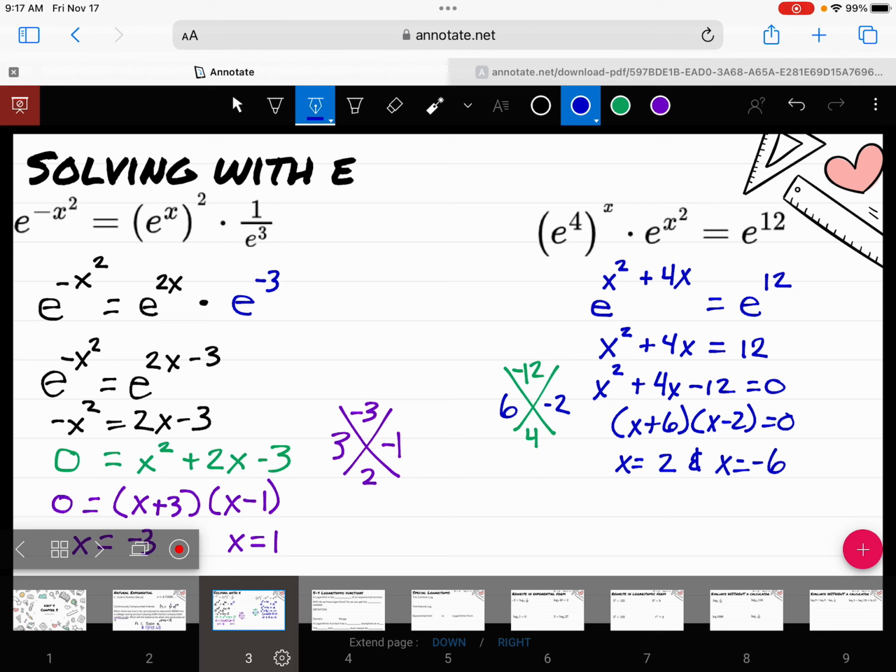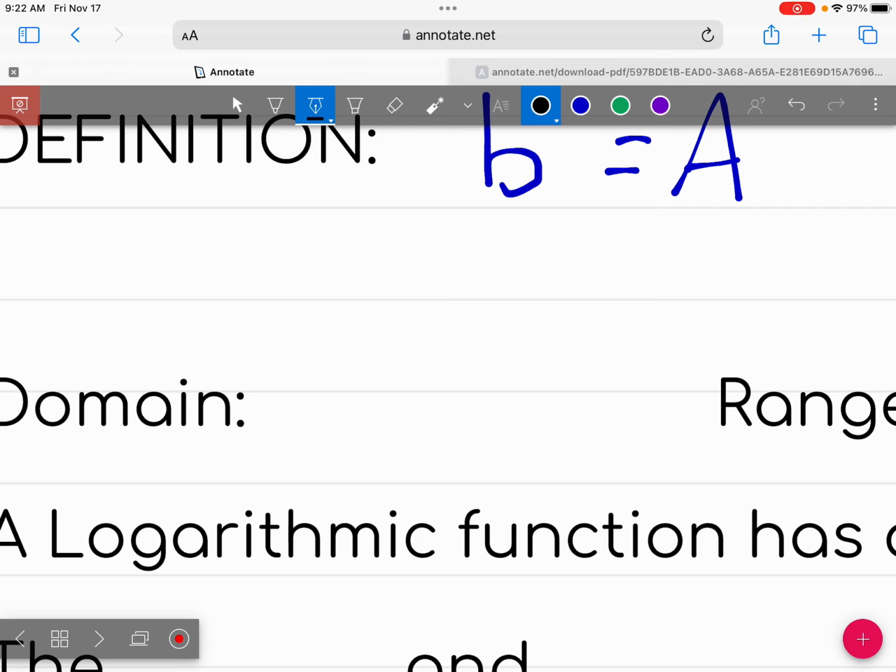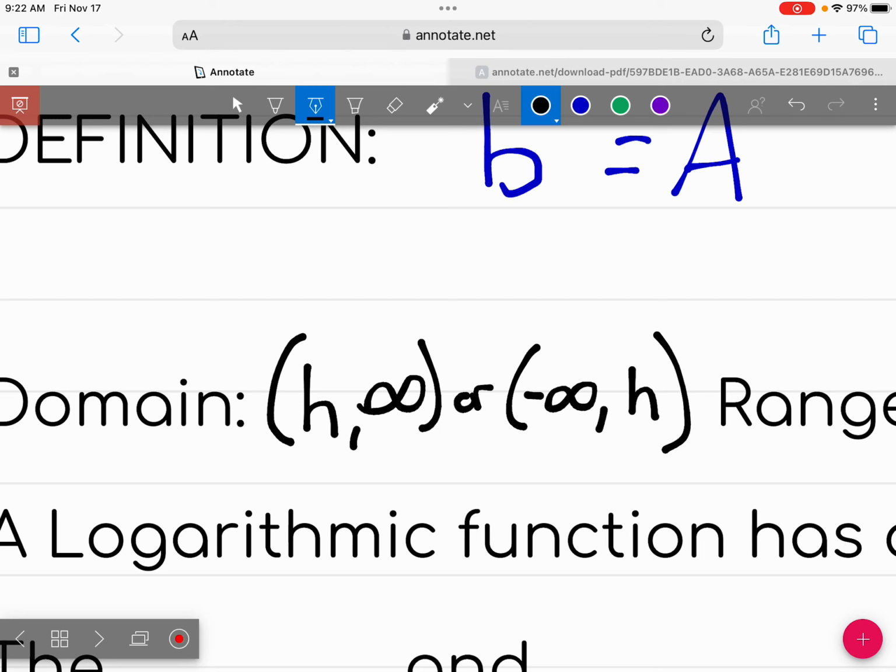Okay, so our domain for a logarithm is what the range was for our exponential. Remember, this is the inverse function. Exponentials have that limited range because it had that horizontal asymptote. Logarithms then have a limited domain. It's either going to be h to infinity or negative infinity to h, whatever our horizontal transformation is.